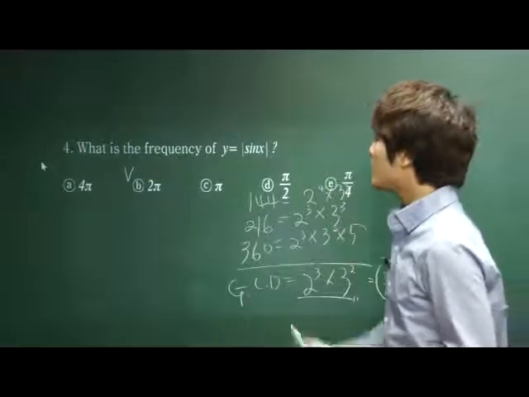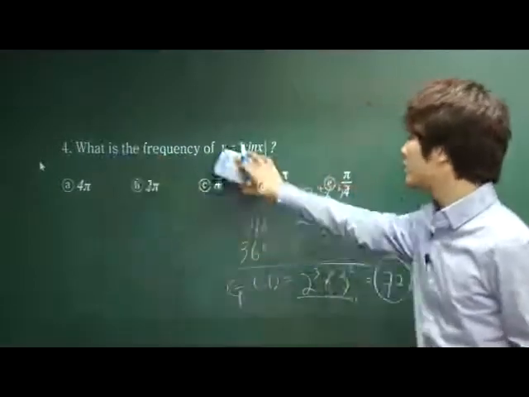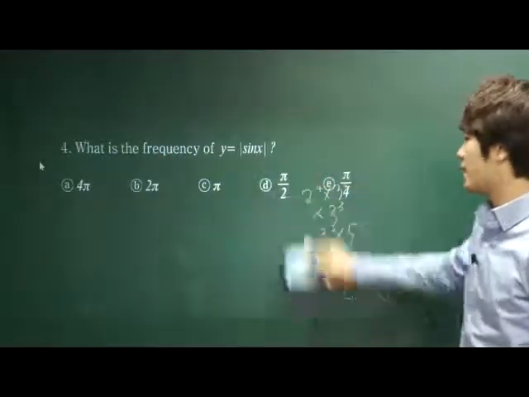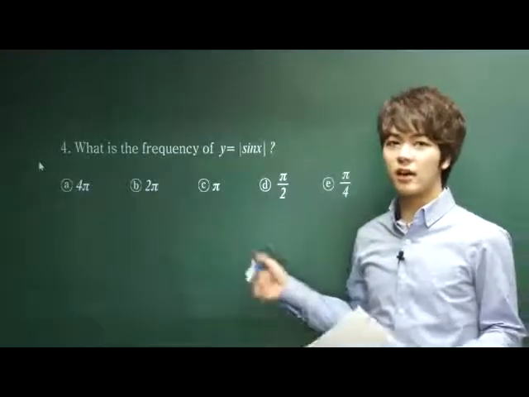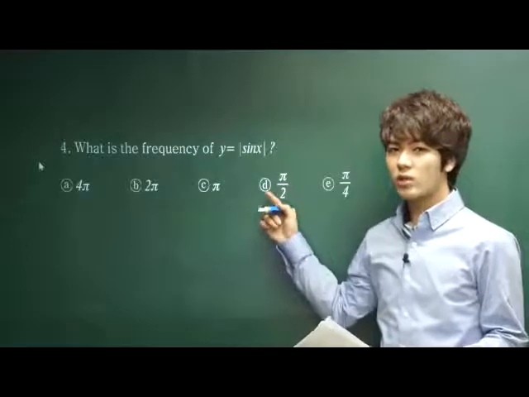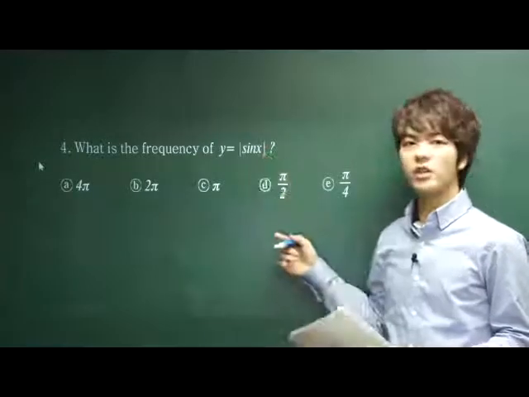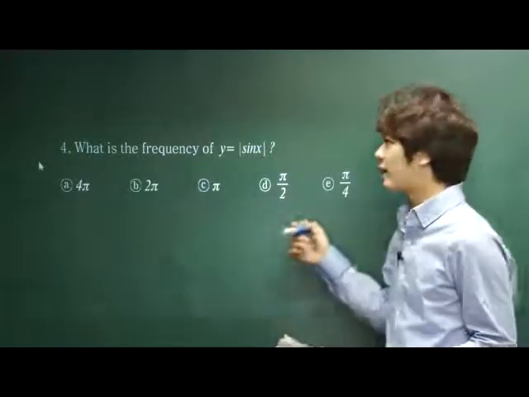Number 4. What is the frequency of y equals absolute value of sine? You can either put this in your calculator and graph this out and figure out what the frequency is, or you can use the formula.